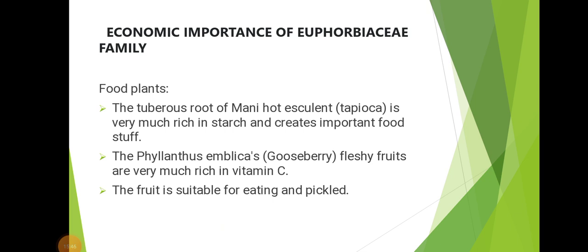You see the food plants. The tuberous root of Manihot esculenta is very rich in starch and is an important foodstuff. The Phyllanthus emblica fleshy fruits are very rich in vitamin C. The fruit is suitable for eating and pickle.